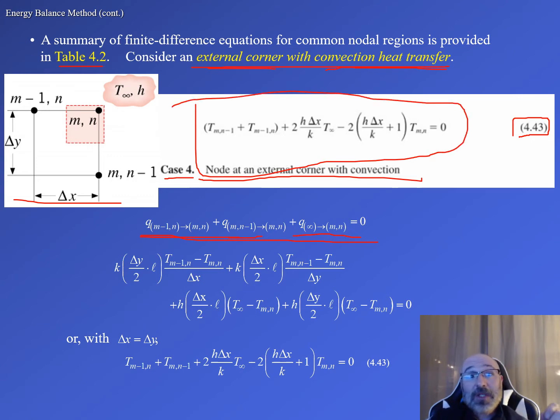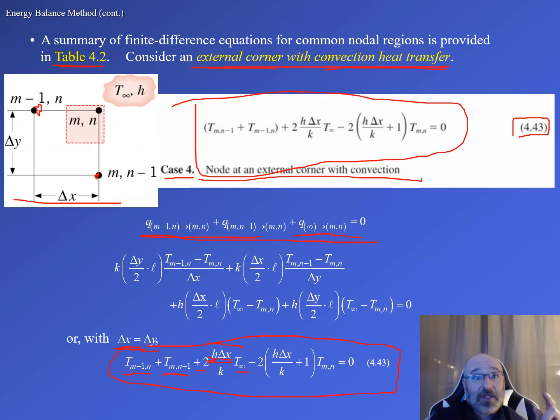Now, a thing to note is this is for the case when our delta x is equal to our delta y. If that is the case, we can utilize that equation 4.43, which came from table 4.2 in our textbook, and it tells us that T(m-1, n) plus T(m, n-1), so the sum of the temperatures of that node and that node, plus 2 times our h value times delta x all over our thermal conductivity times our T infinity.